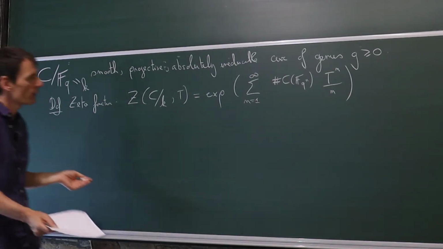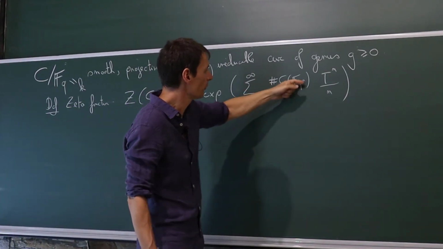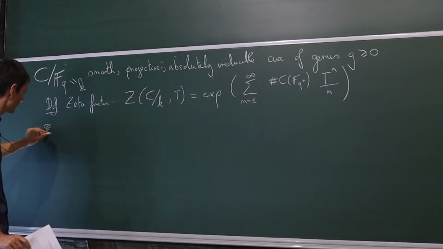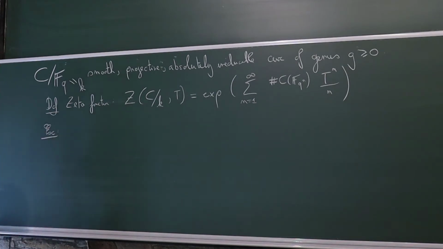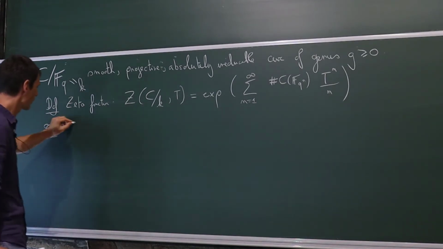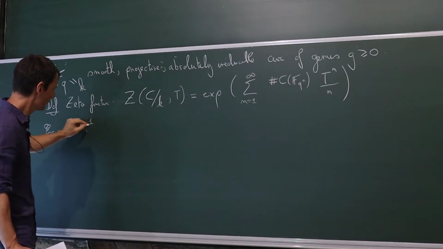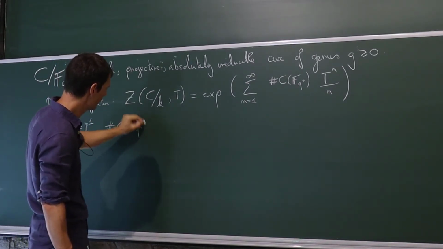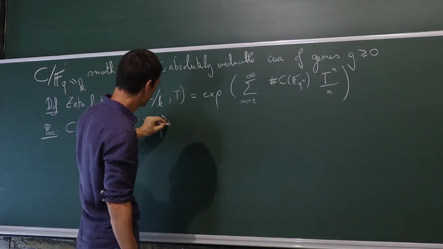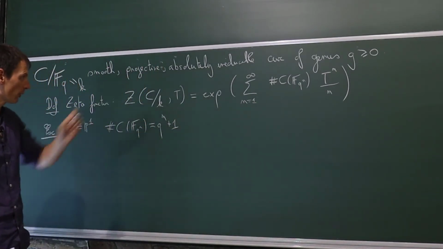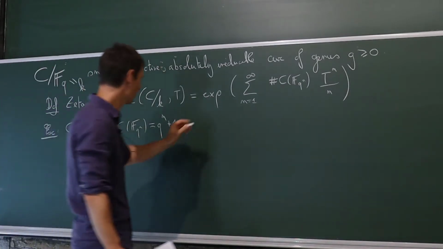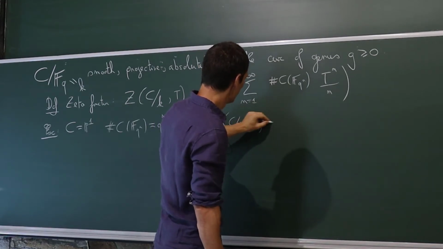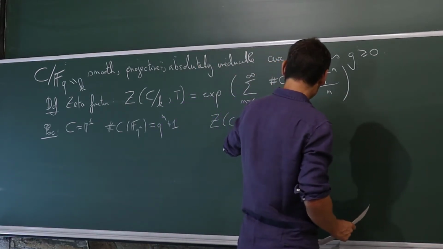You could have said, why didn't you just put the sum of this times t to the n? There is one reason, but let me show you on an example what it does if I take the case of P1. We know that the number of points over any extension of P1 is q to the n plus 1. Now if you plug this inside this formula, what you observe is that this is going to be an exponential.